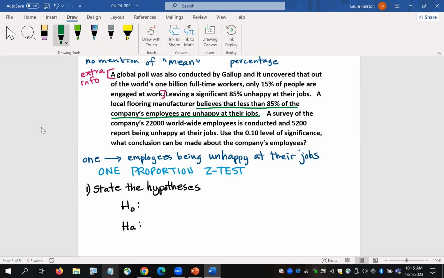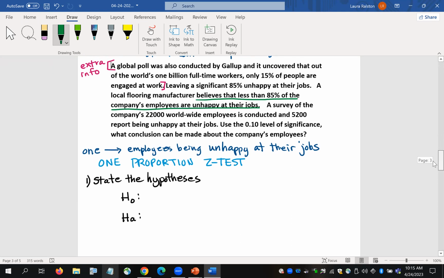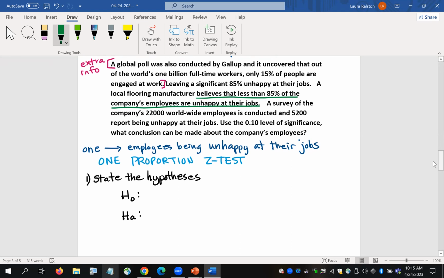You have to kind of pick it out from the paragraph. But remember, when you're looking for that hypothesis, you look for words like believes, thinks, concludes, claims. So it says less than, which makes me think of the mathematical symbol less than, but it does not contain equal. So that statement would be our alternative.